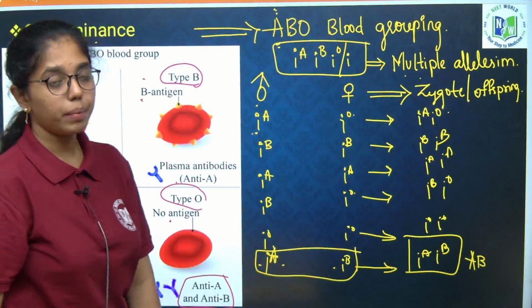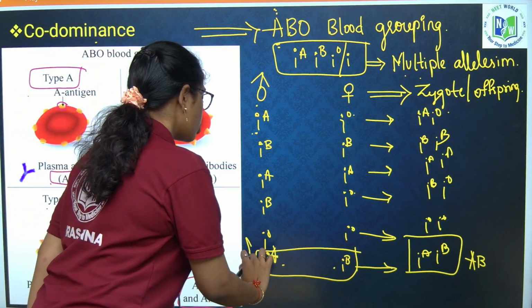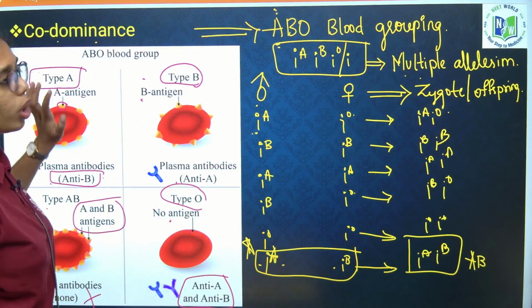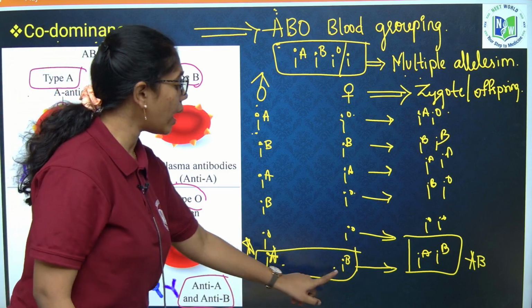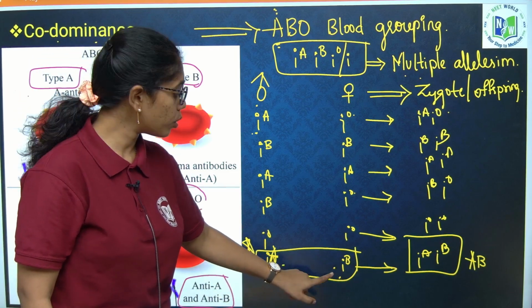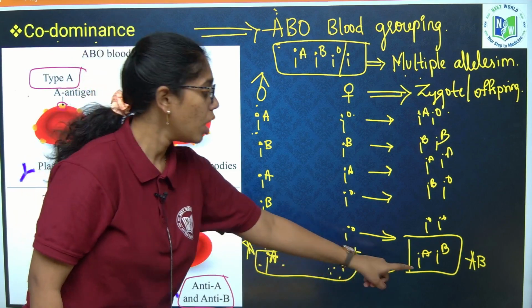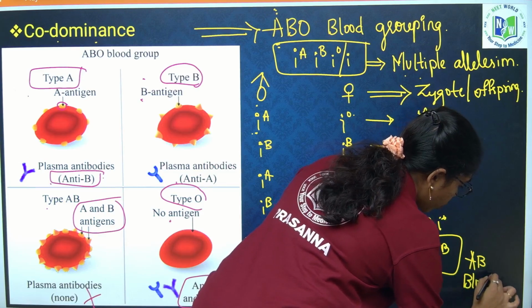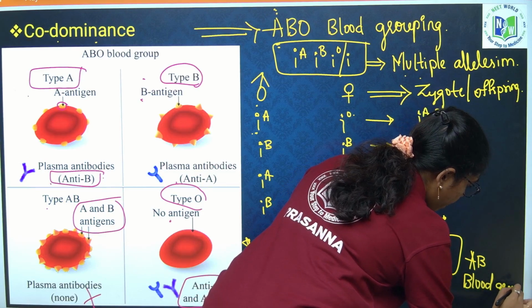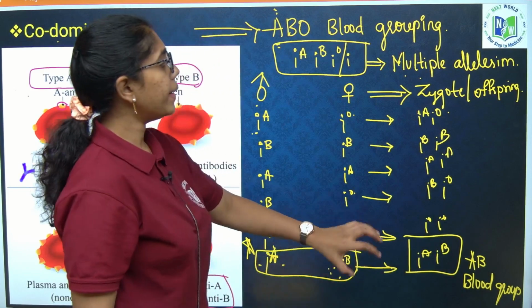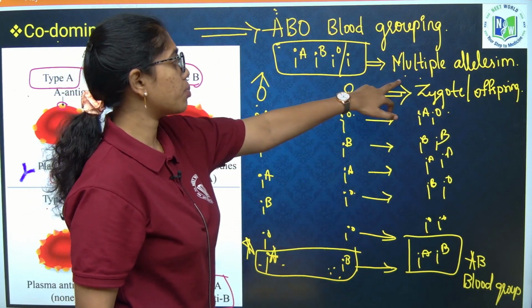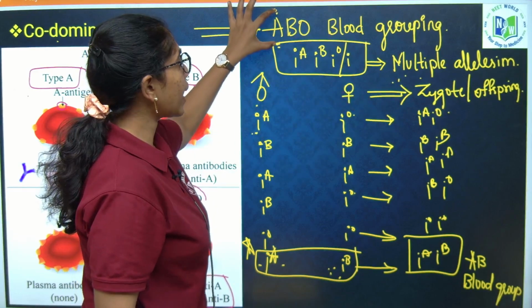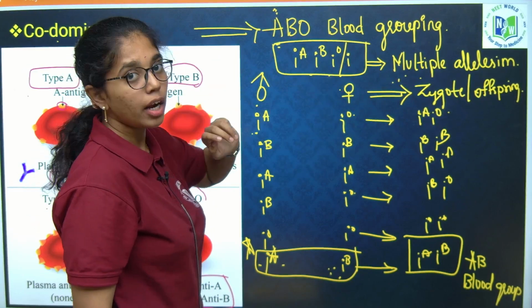AB blood group. So here it is showing the phenomenon of codominance, where two alleles are equally dominant and equally expressing, for example, AB blood group. And multiple allelism can be explained as one character being coded by more than two alleles.